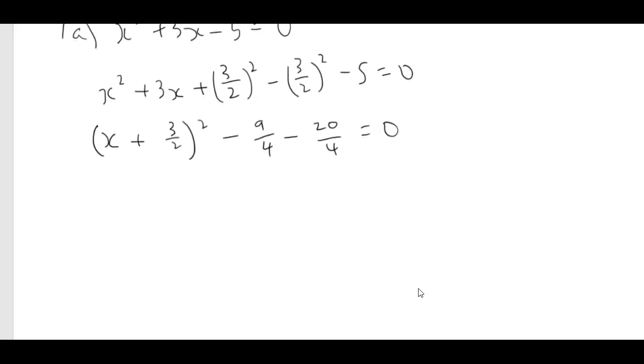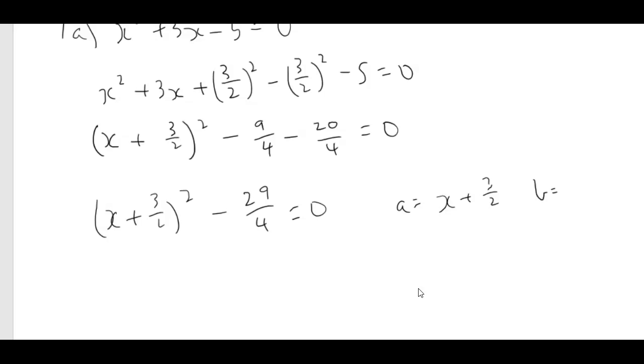I'm just making sure I haven't made a mistake anywhere. Okay, so we've got x plus 3 on 2 squared, minus 9 minus 20, so minus 29 on 4 is equal to 0. Now remember, this negative means that we can do the difference of perfect squares. So my a in this case is x plus 3 on 2.